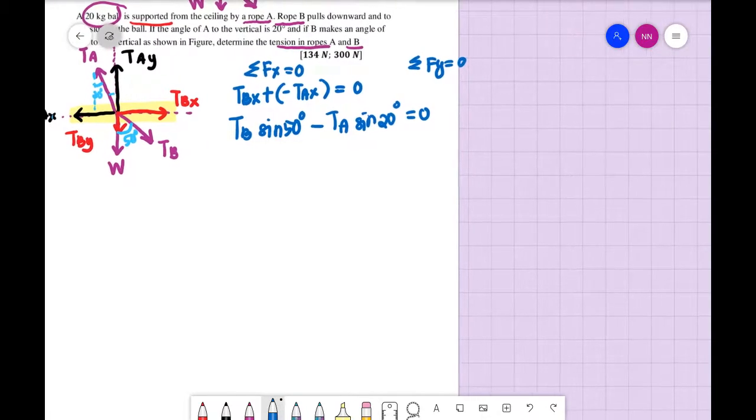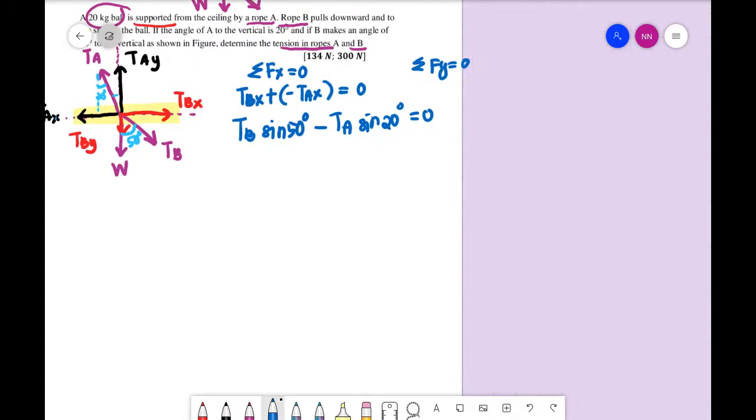So we have two unknowns, TB and TA, in this equation. We leave this equation and proceed to component Y. Net force Y equals 0.